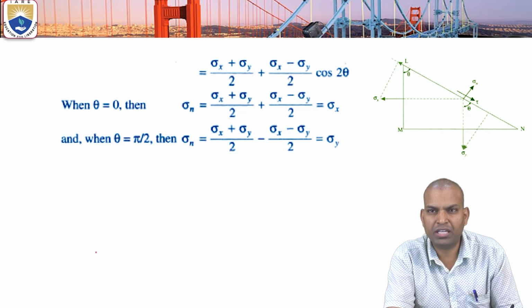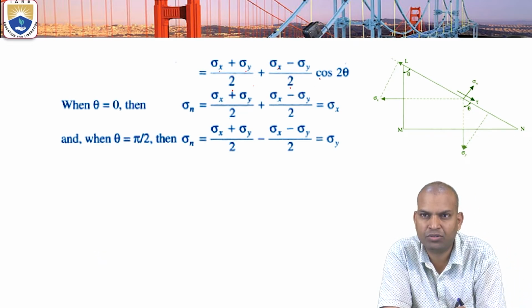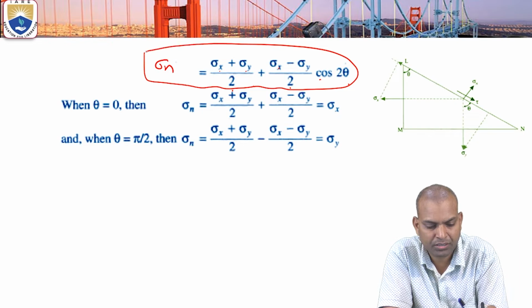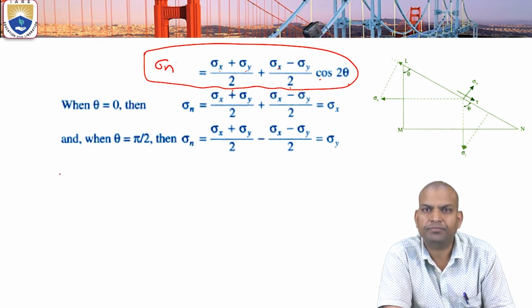Further simplification gives sigma x plus sigma y by 2 plus sigma x minus sigma y by 2 cos 2 theta. Now here it is sigma n, the equation for the stress normal to the plane LN.